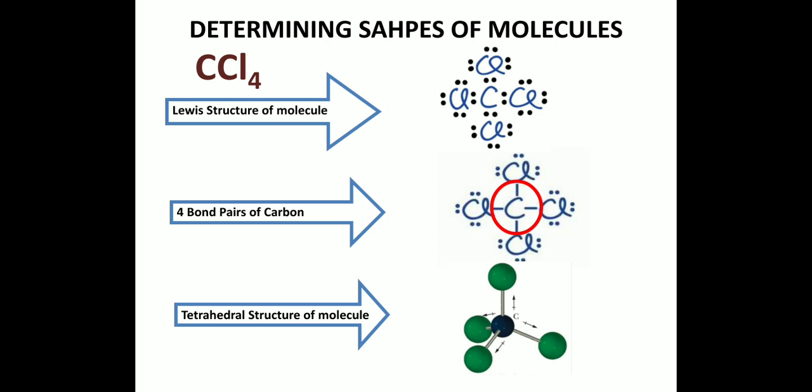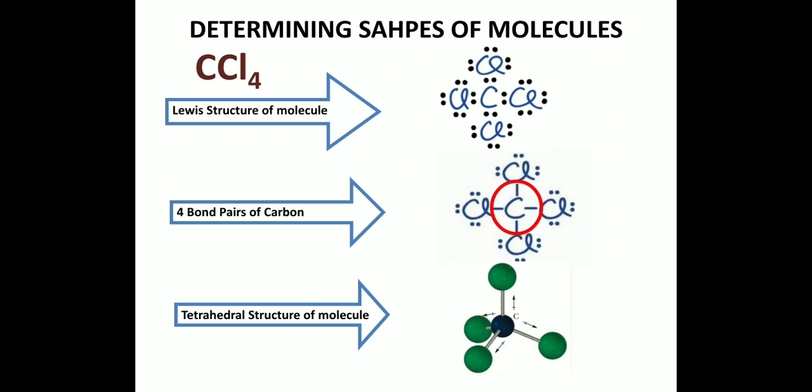And you see the bonds between the carbon and chlorine. Each chlorine equally shares the valence electrons of the carbon. There is no chlorine atom out of these 4 where more electron density is present, therefore it is a non-polar molecule.